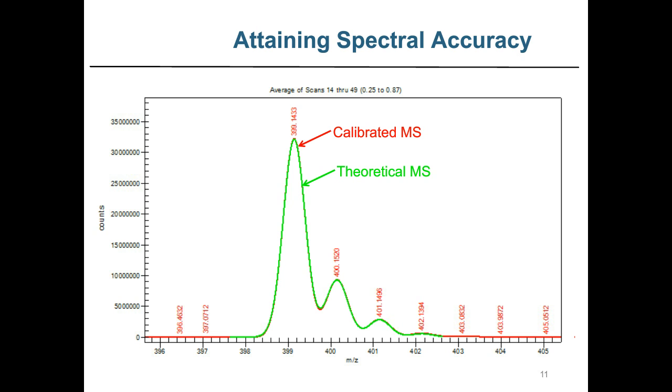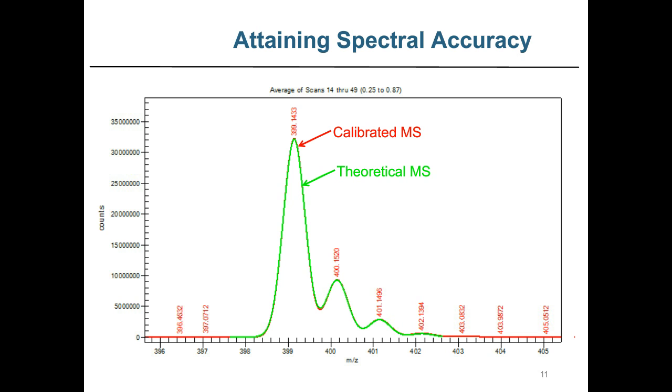If you look at the red trace, it's a little hard to see because the theoretical or true mass spectrum is overlaid right on top of it. But because we've calibrated to this known line shape, and we also have accurate mass even in our unit resolution instrument, we can now compare the full isotope pattern.